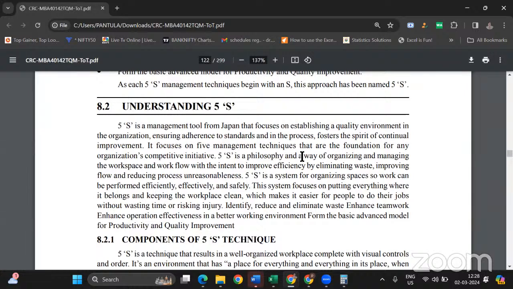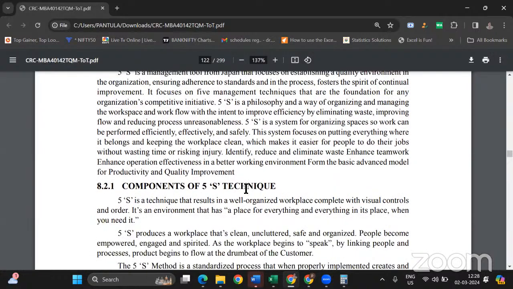The 5S philosophy is about organizing and managing the workplace and workflow efficiently, eliminating and reducing unnecessary processes.